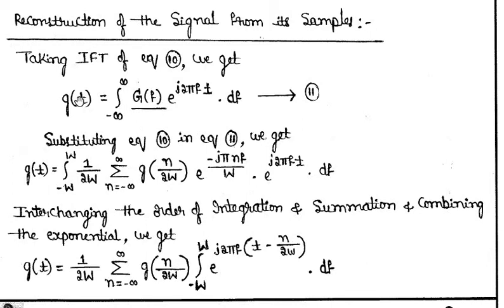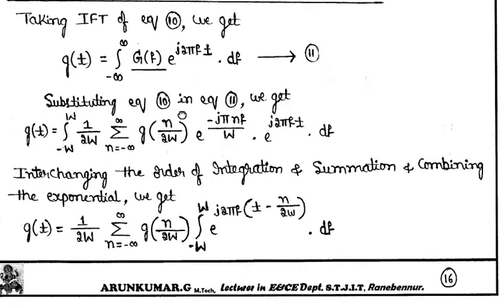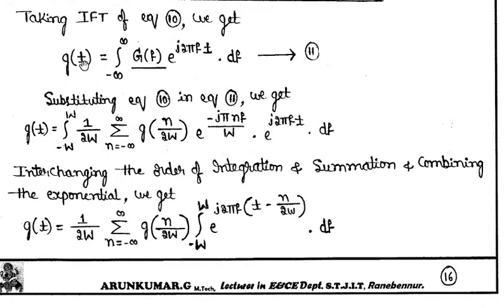But we need to get the original message signal in the time domain. So we take the inverse Fourier transform for the signal. So getting back the original message signal from the sampled signal is what we call the reconstruction of the signal. So to move further, consider the interpolation formula, substitute that.